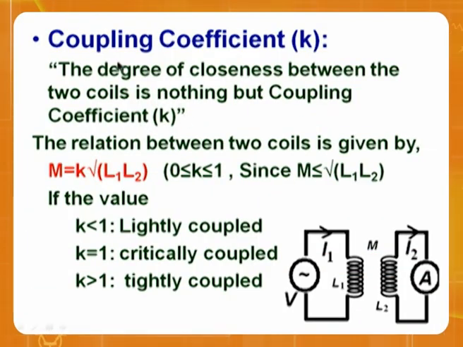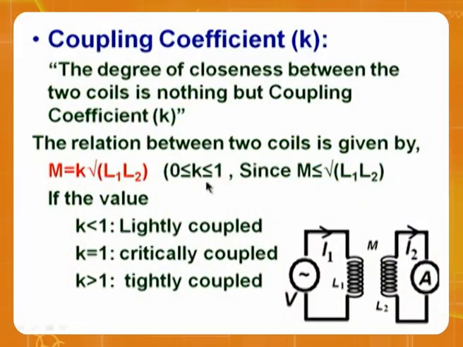Then when two inductors are coupled together, we have to define a third quantity called the coupling coefficient. The degree of closeness between the two coils is nothing but the coupling coefficient. How close they are, and if they are very close, you can have more effect also.